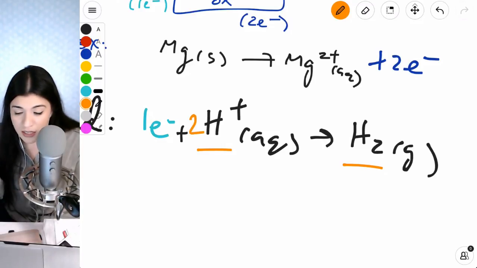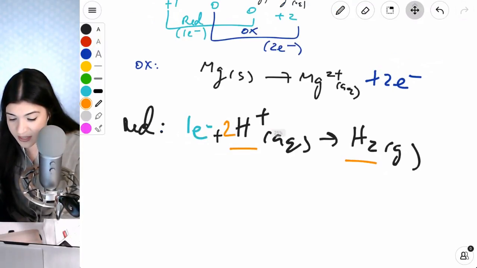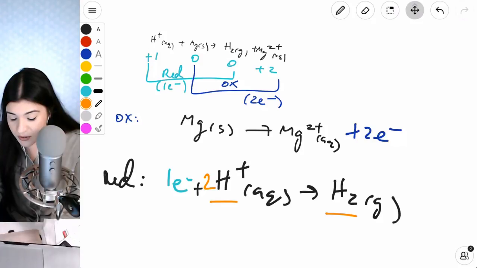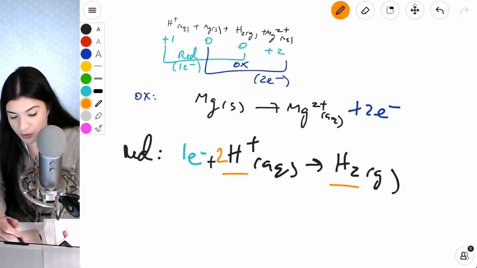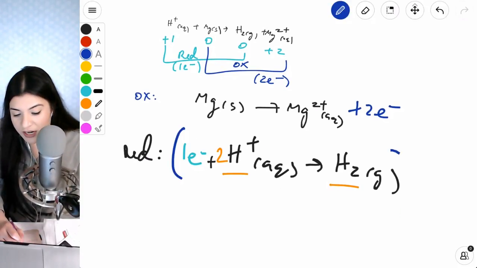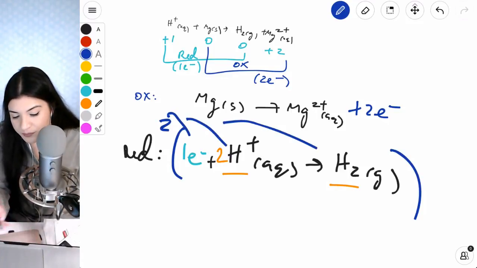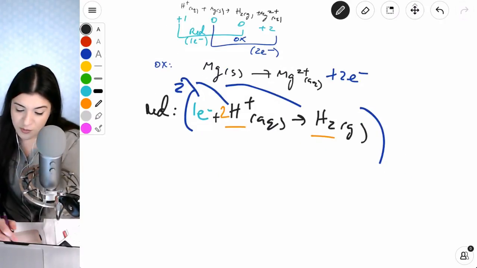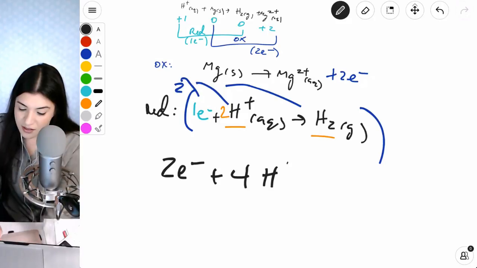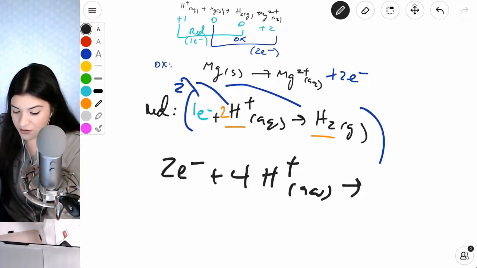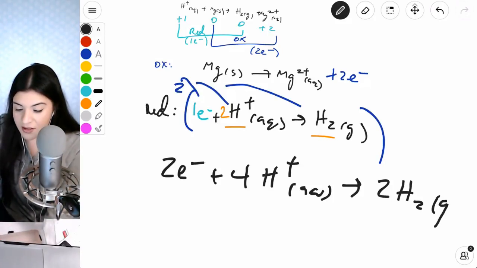I'm going to place a 2 here, making those balanced, and the magnesium is balanced too. Now I can distribute that 2 in. Doing it earlier would have changed everything and would have been wrong. So always make sure everything's balanced. Now this is 2 electrons plus 4 H pluses, and this is 2 H2 gas.